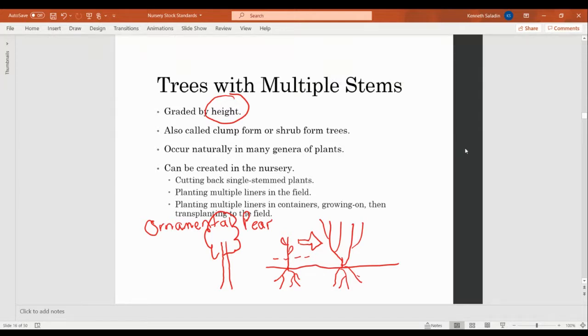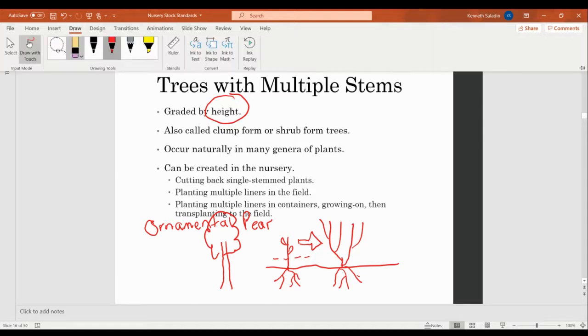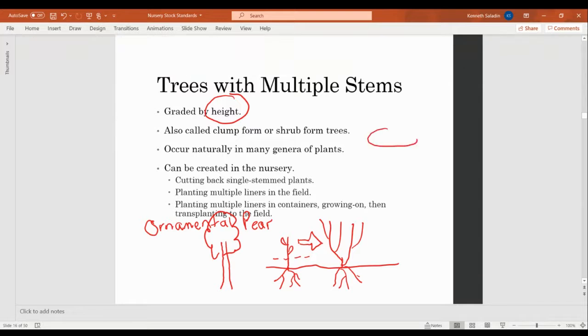Another way that we could make a multi-stem tree is I could take a container. So here's a container or a pot, and I could either grow myself or purchase from another nursery liners.